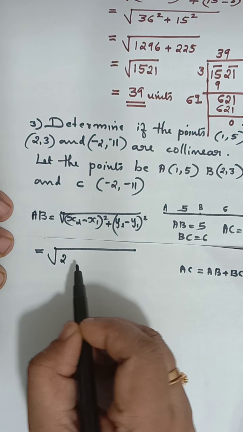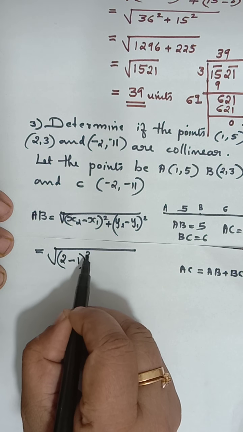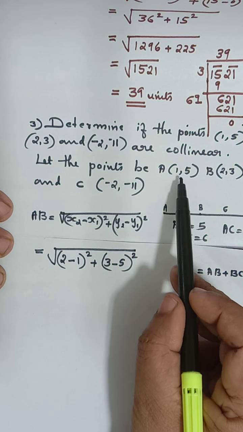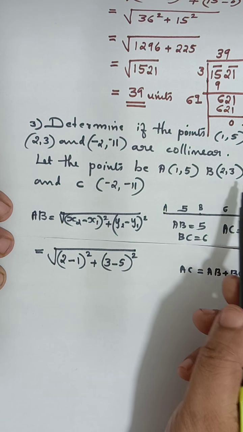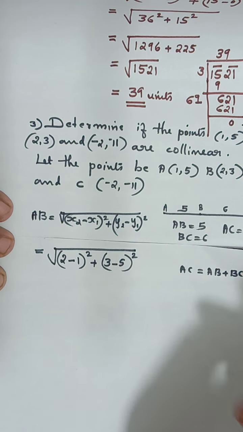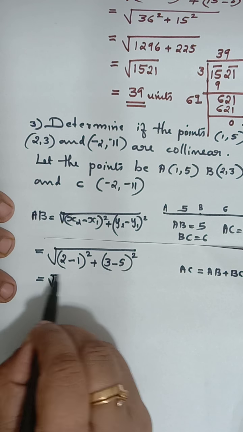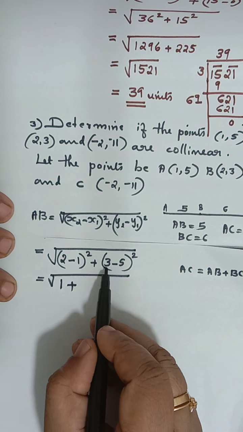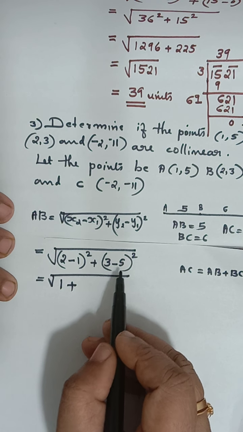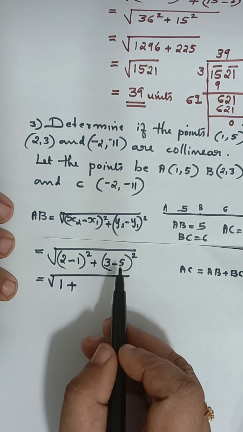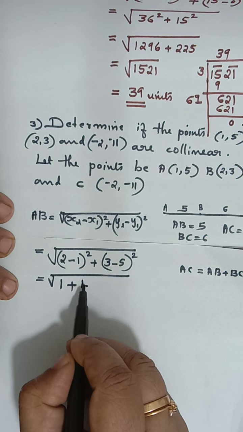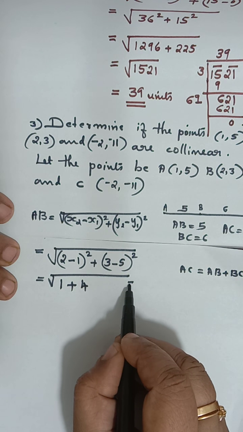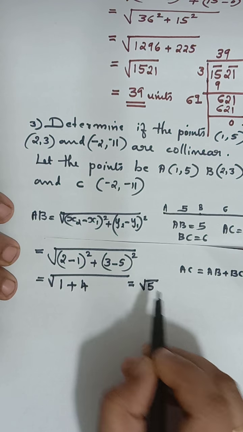So x2 is 2 minus x1, 1, whole square plus y2 minus y1 whole square. y2 minus y1 is 3 minus 5 whole square. This is equal to square root of 2 minus 1 is 1. 1 square is 1 itself. 3 minus 5 is negative 2. Negative 2 square is 4. Negative 2 into negative 2 is positive 4 we are getting.